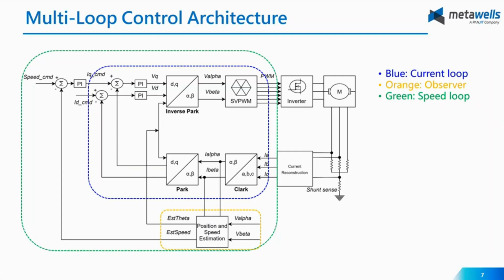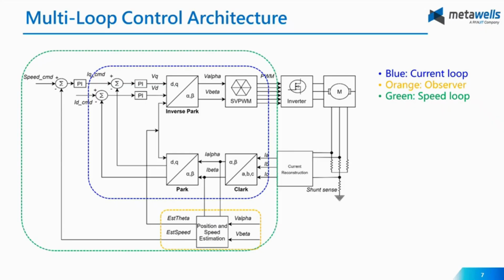There are three loops. The blue block is the current loop, the orange is the observer, and the green part is the speed loop. The speed loop, highlighted in green, continuously regulates the motor's speed.